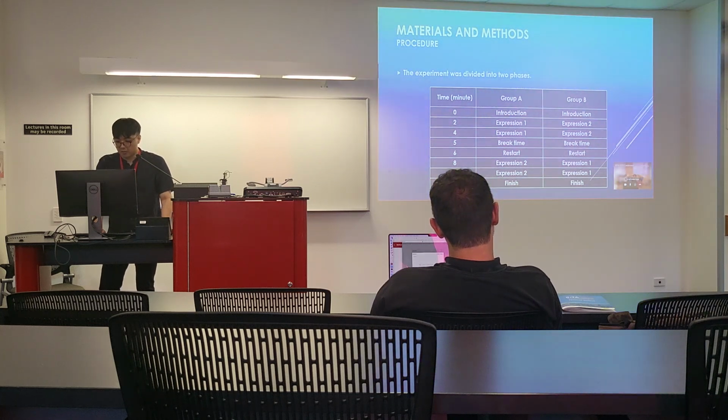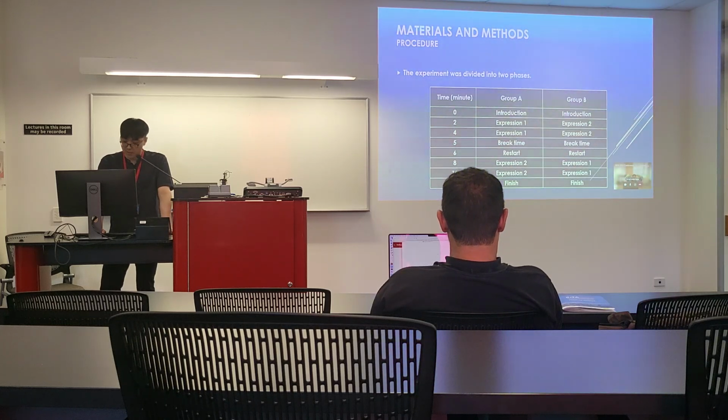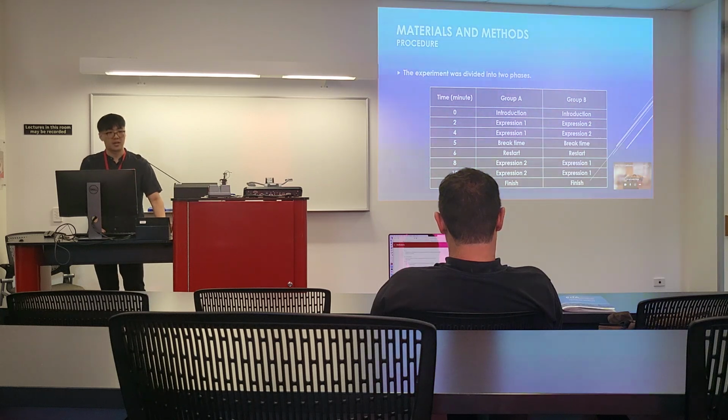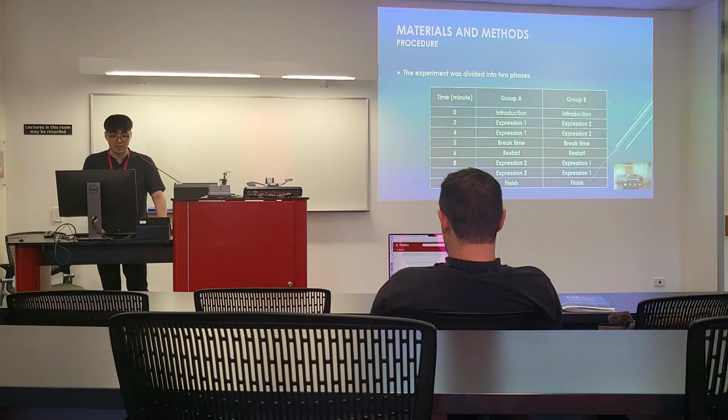Based on the robot's break time guidance, each expression phase is divided into two sessions. Expression 1 and 2 are the presence and absence of intonation in the intonation test, and the use of positive and negative language expressions in the positive negative experiment, respectively.